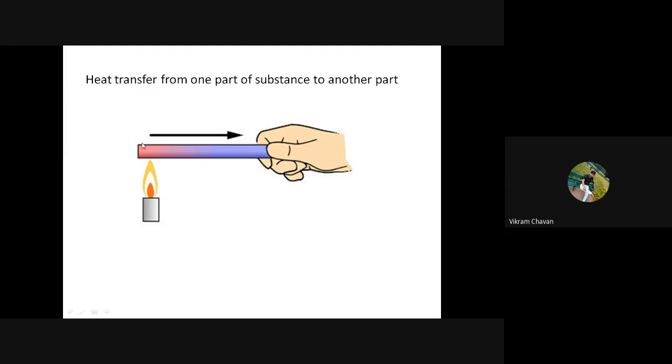Show a candle, a rod, and heat transfer from this region to here, and you can show the arrow for heat flow. So draw a simple diagram.